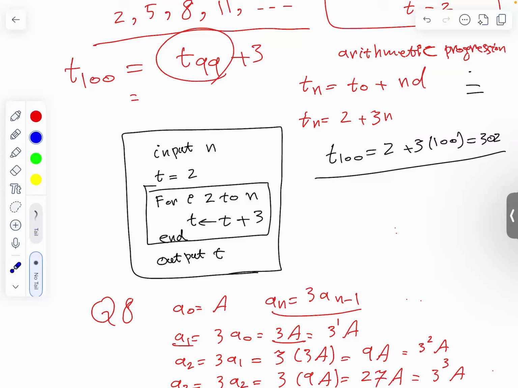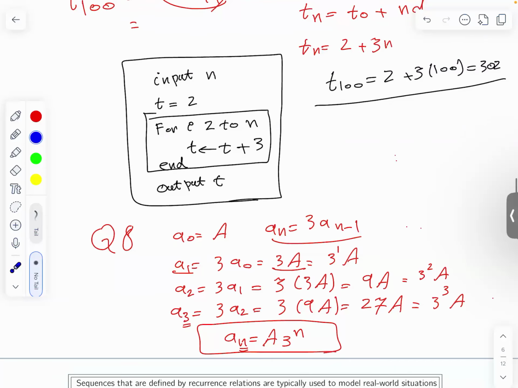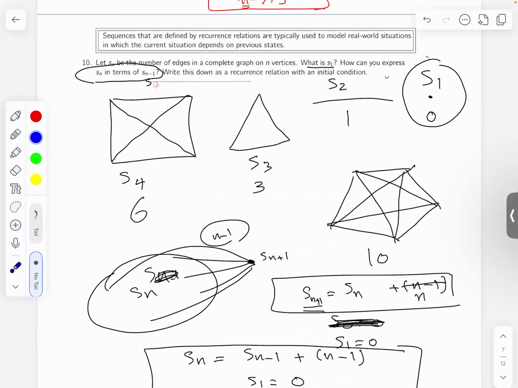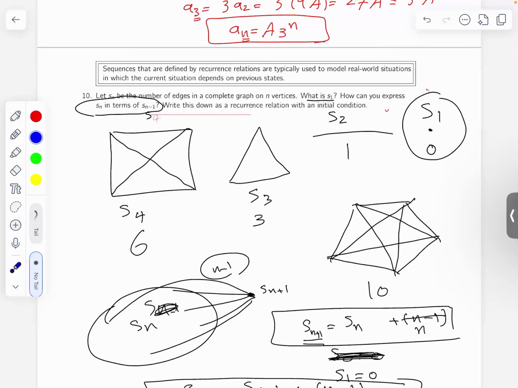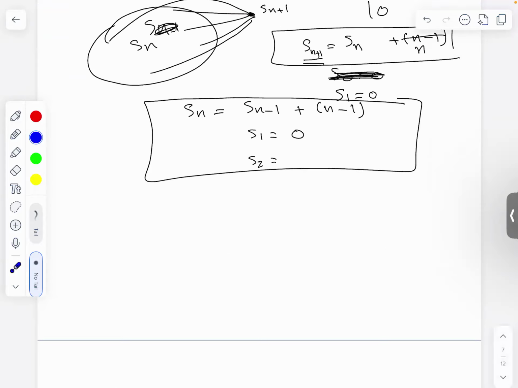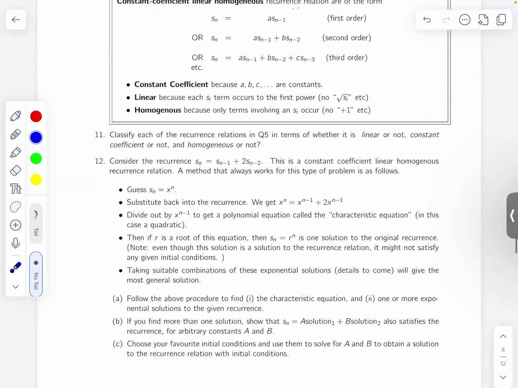Once you sit in your workshop, you should start solving your questions from question 11, 12, 13. Focus on them. Ask a lot of questions from your demonstrator. 11, yes. 11, 12, 13.